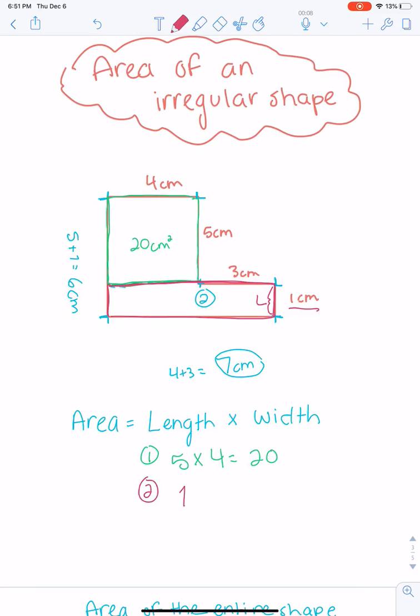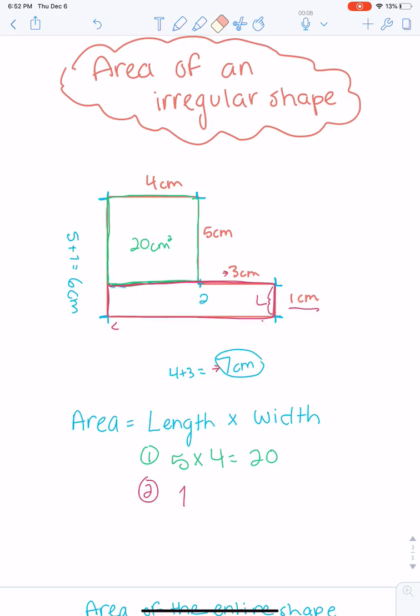Here's the question: do I follow the 3 centimeters or do I follow the 7 centimeters? A lot of students that I've worked with have said 3 centimeters. However, the 3 centimeters only goes to here, so we're missing all of this area in here. What we need to do is follow the 7 centimeters, because it takes up the length, or the width in this case, of the shape.